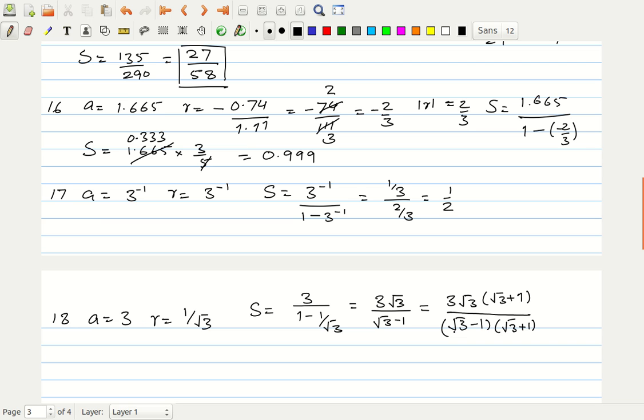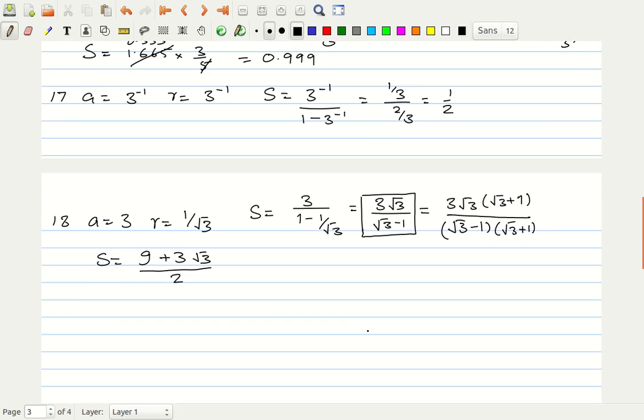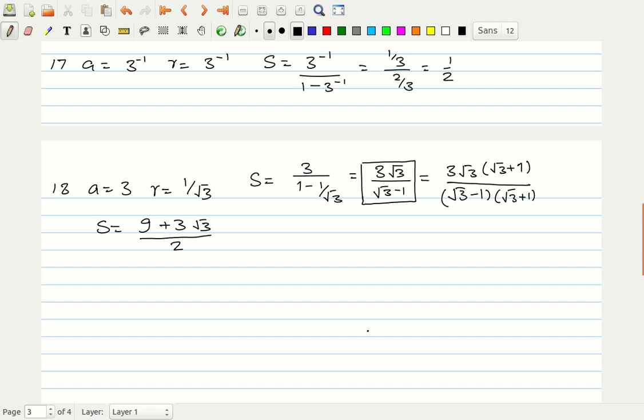Now in the denominator we can use a minus b, a plus b is equal to a square minus b square formula, so sum is going to be 3 times square root 3 times square root 3 is equal to 9 plus 3 square root of 3 divided by 3 minus 1 is equal to 2. You can leave the solution at this stage also, this is also correct. I have just made the denominator free of any surd terms. Okay, so that is why I have rationalized the denominator.